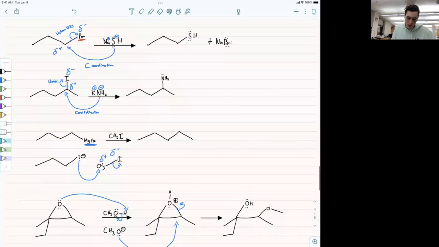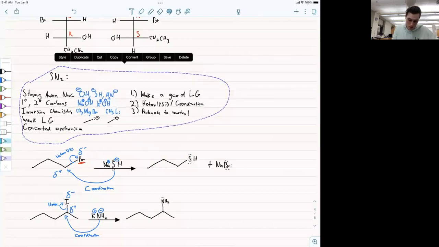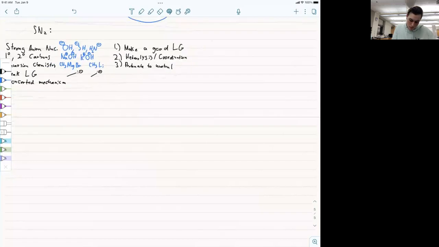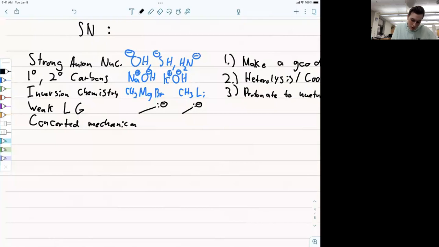So for SN1, we have a few other things. I'm going to copy some of this. SN1, for its nucleophile, is going to be a weak neutral nucleophile. And SN1 is going to produce a carbocation intermediate.